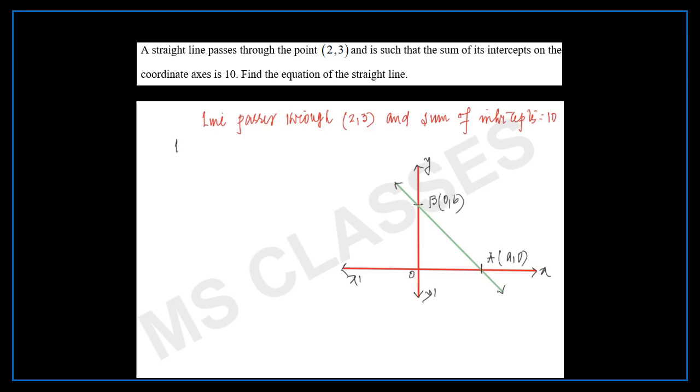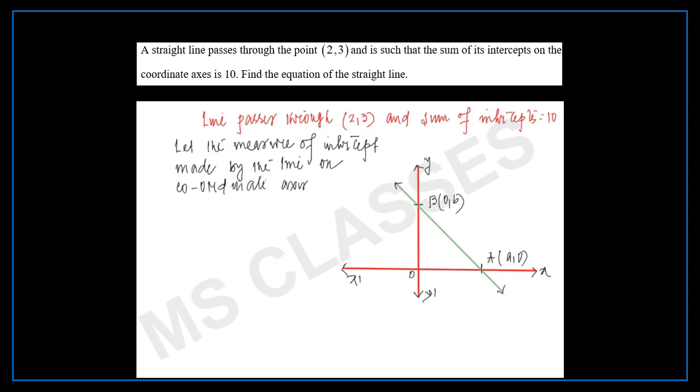Let the measure of intercepts made by the line on the coordinate axes be a and b.